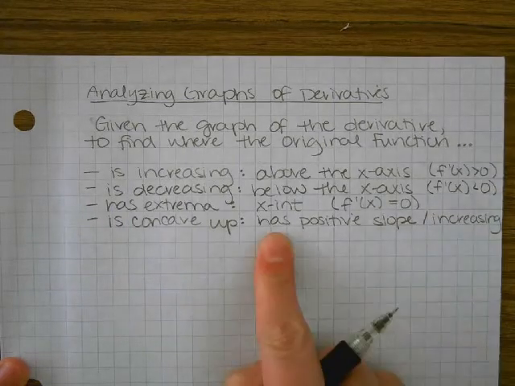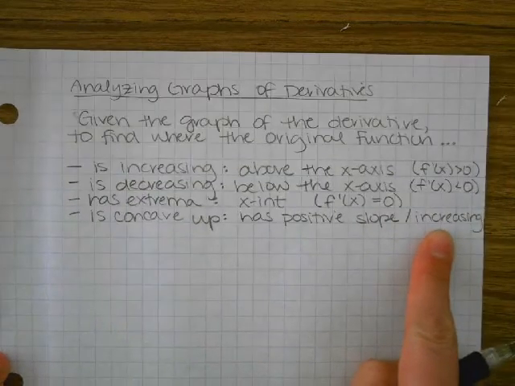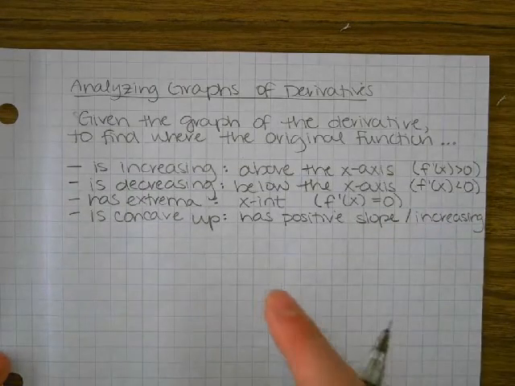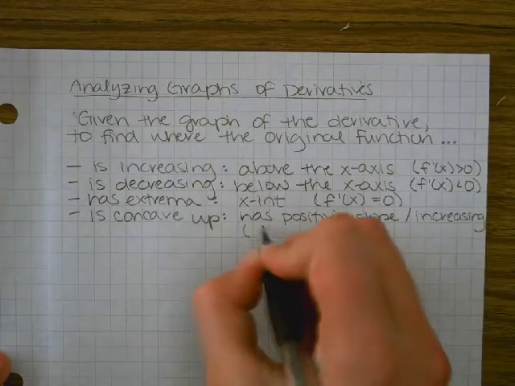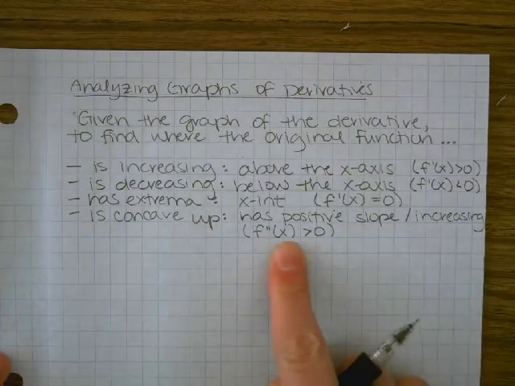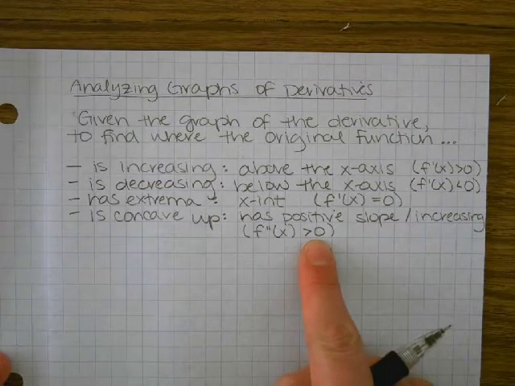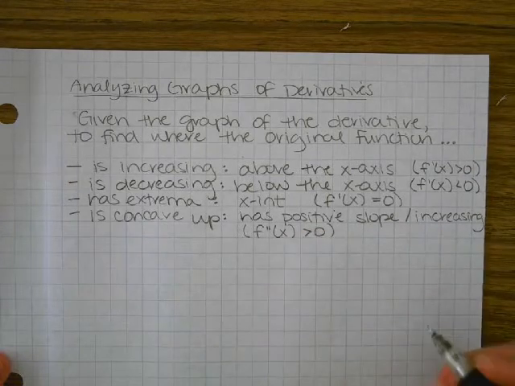And the reason for this is that where the derivative has positive slope, we would describe the derivative of the derivative, which is the second derivative, as being greater than 0. So we know that the slope of the derivative, when that is greater than 0, means that it's increasing or it has a positive slope.